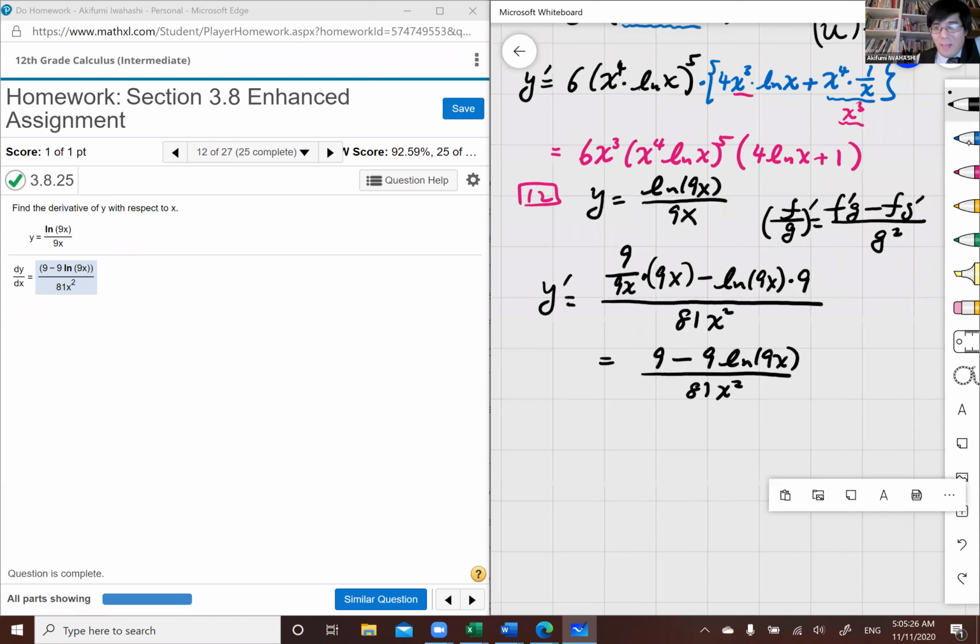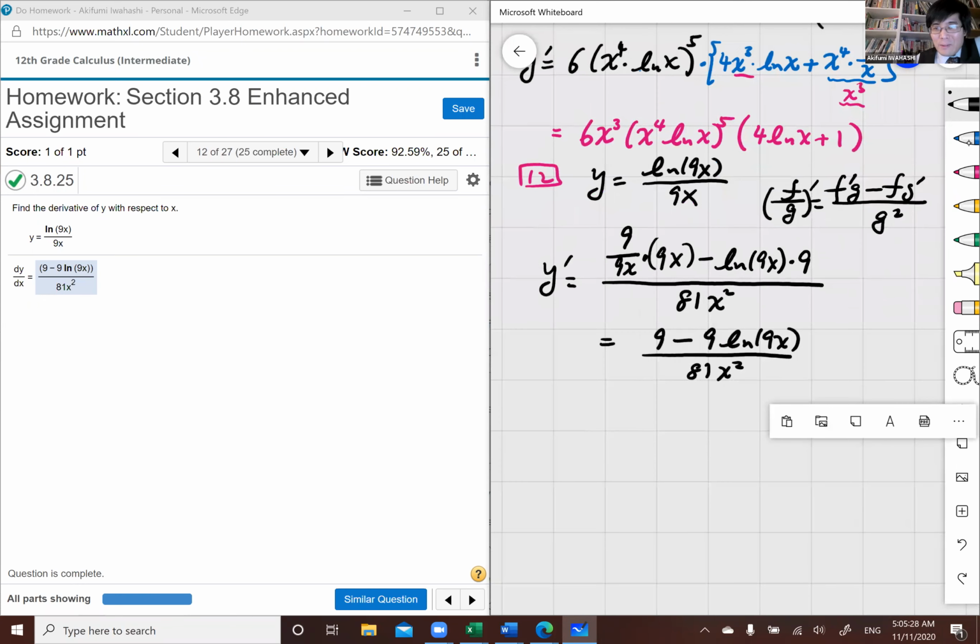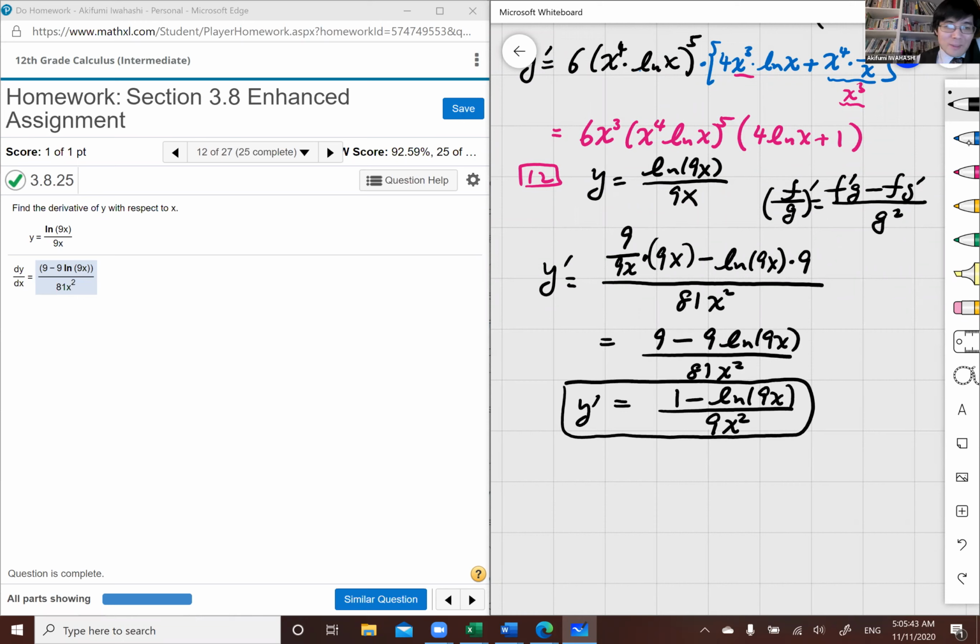Of course, you can factor out 9 in the numerator and reduce the fraction to make it 1 minus ln of 9x over 9x squared. That's a better answer than the one I wrote on the left because it's not in the simplest form. You can divide top and bottom by 9.